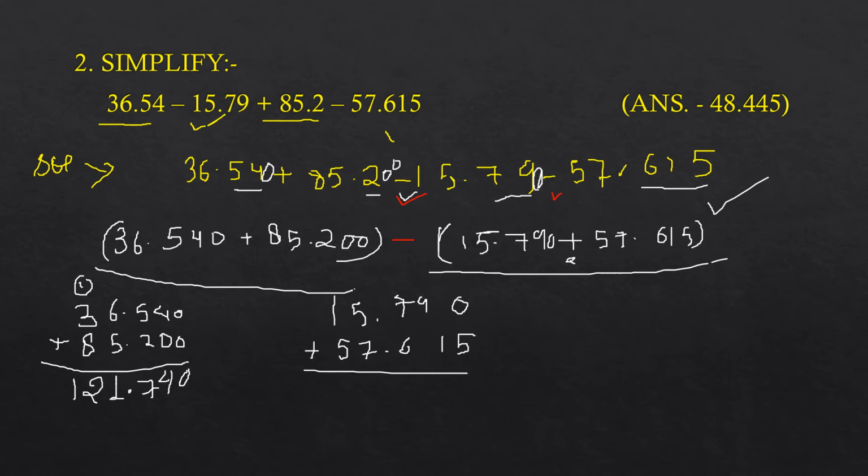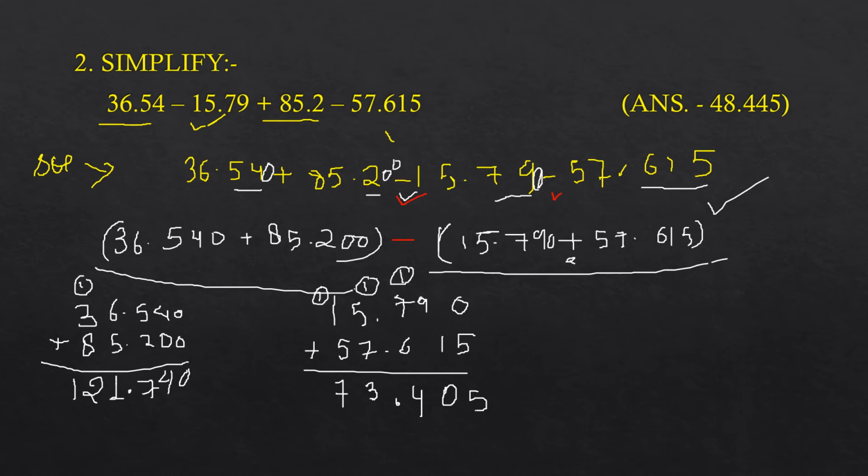So 5 plus 0 gives us 5, this is 9, 9 plus 1 gives us 10, so we will be having 0 here and carry 1 here. So 7 plus 6 gives us 13, plus 1 is 14, and the decimal point will be kept the same below the above decimal point, and we are having 1 as carry here. 7 plus 5 is 12, plus 1 is 13, and carry 1 here. 5 plus 1 is 6, plus 1 is 7.